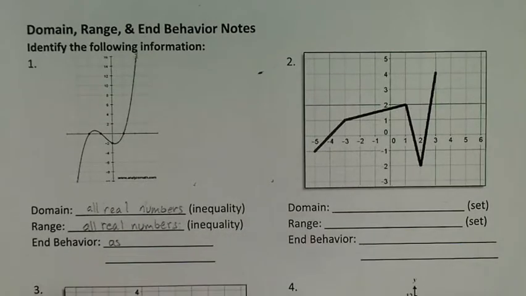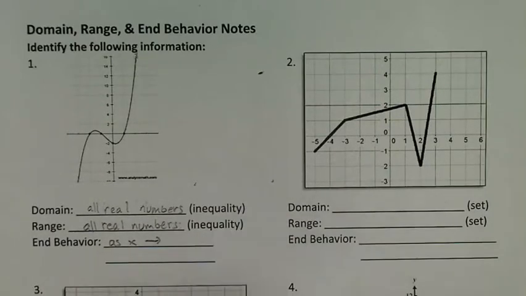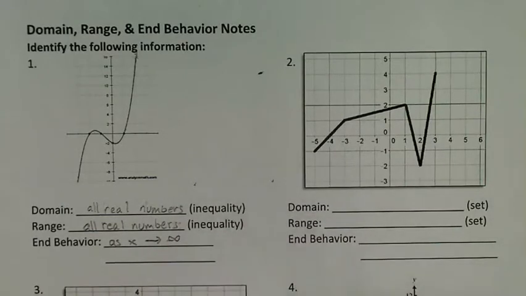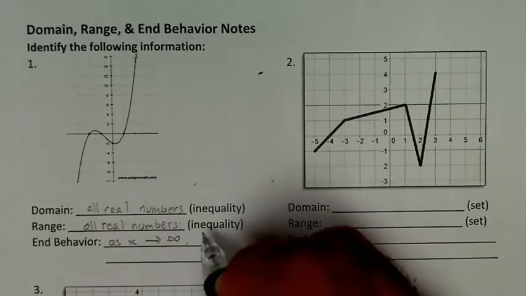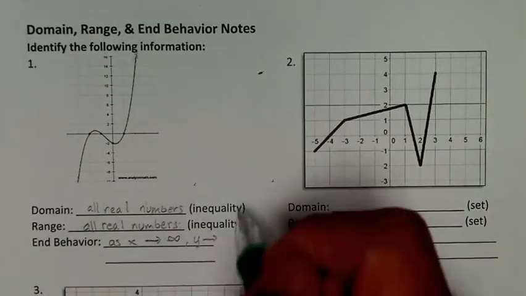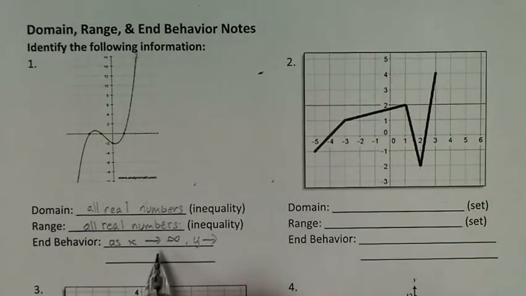as, the word as, x approaches. We use an arrow for the word approaches. As x approaches infinity, we want to say, comma, y approaches, and then we're going to put what value y approaches as you move forever and ever to the right.